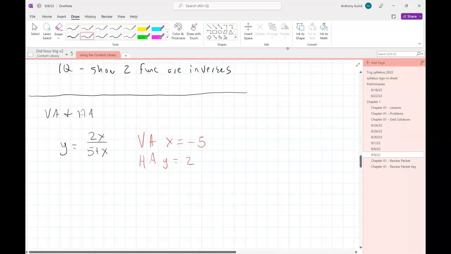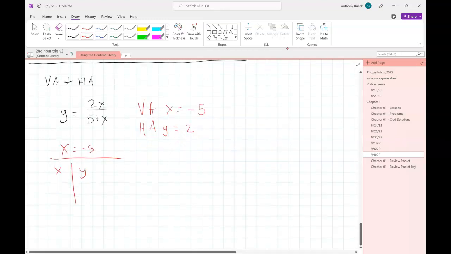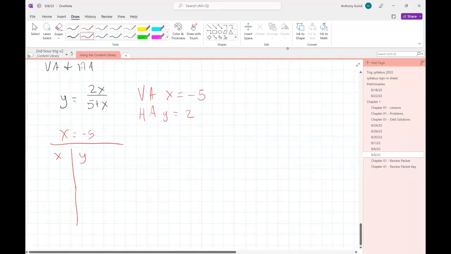Okay. Now to confirm this with a table, I'm going to make just like an XY table. I'm going to pull these values from my calculator to confirm this. So I'm going to pick some values that are a little less than -5, but getting progressively closer to -5 each time.